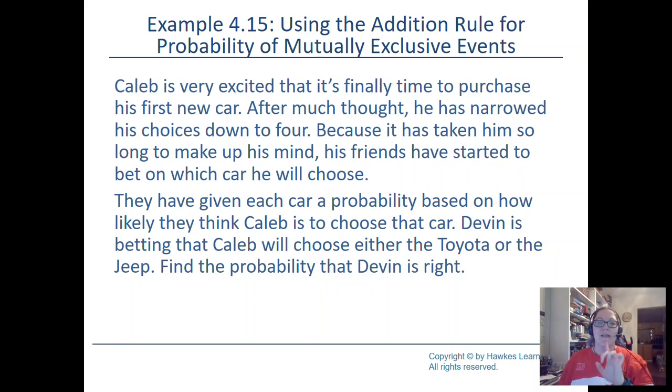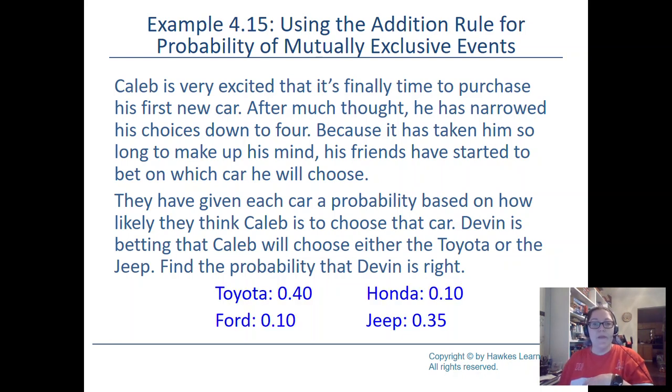Now, they made these probabilities up, okay? So this is basically that subjective probability. But we can still use this to help us out here. So the probability of getting a Toyota is 40%, a Honda 10%, a Ford 10%, a Jeep is 35%. Okay?